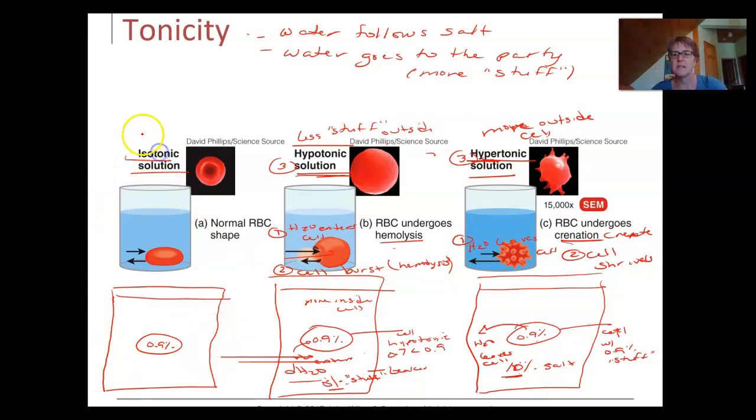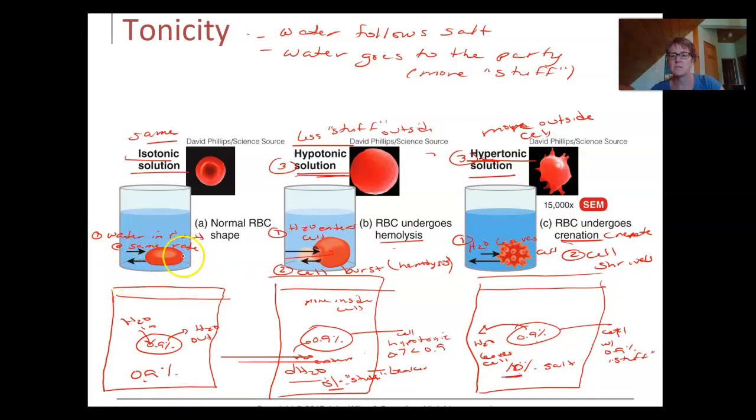So iso means same. So that means that it must be 0.9% on the outside of the cell because that's the same. Does water move? Yeah, water always moves. It's just that water moves in and water moves out at the same rate. So this is showing you water in and out at same rate. 1 in, 1 out.